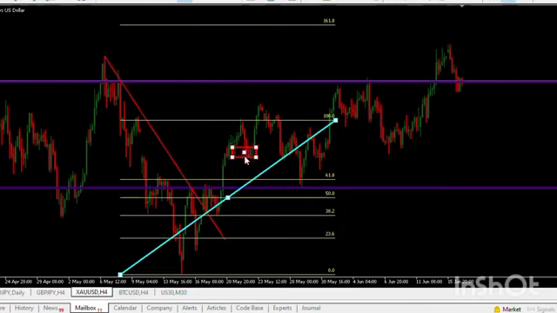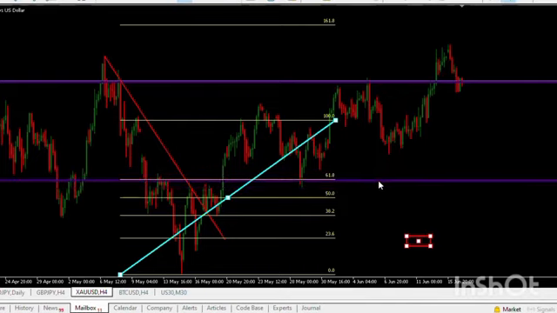Then the retest was not that much. So you can wait for your setup. In as much as this trade has not bounced upon your golden zone, just leave it. Wait such that anytime it comes to that zone, that is when you want to take up your trade.